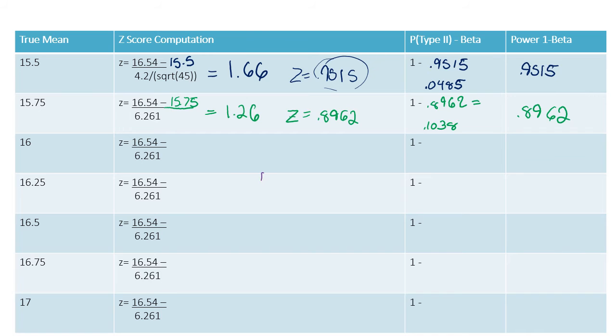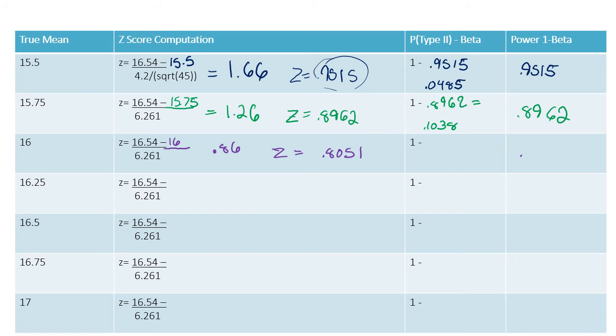Next, we've got a true population mean of 16. So 16.54 minus 16 divided by 6.261 gives us a z-score of 0.86. Now if we go to the table, the area under the curve associated with that z-score is 0.8051.